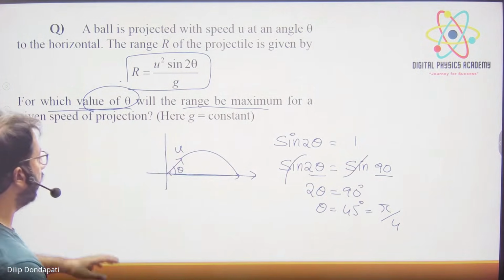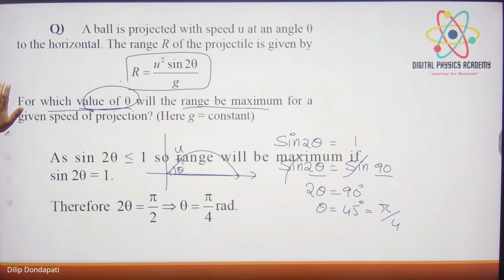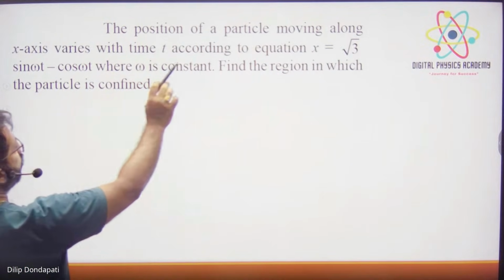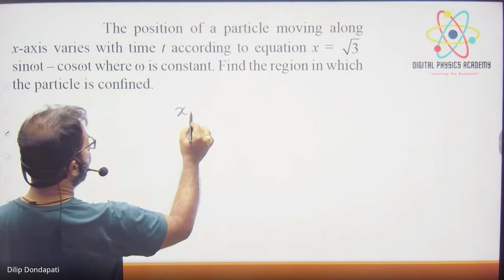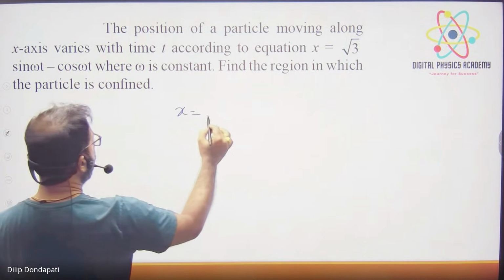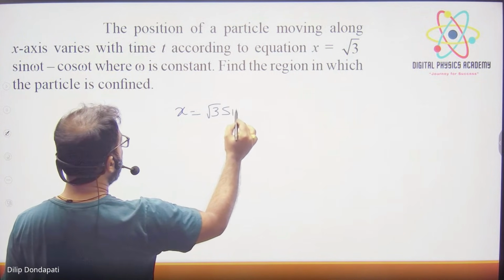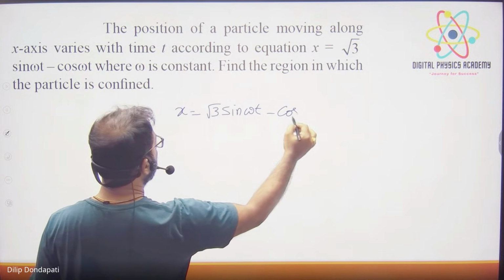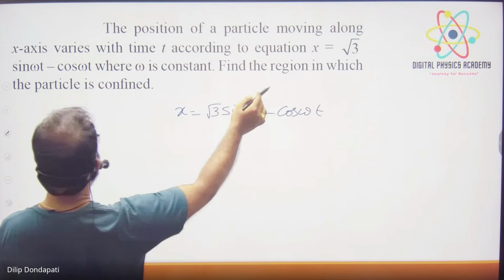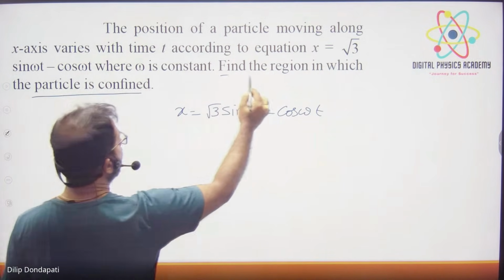Okay, let's go. The position of a particle moving along the x-axis varies with time. The position is given by root 3 sin omega t minus cos omega t. He is asking what region the particle is confined to.